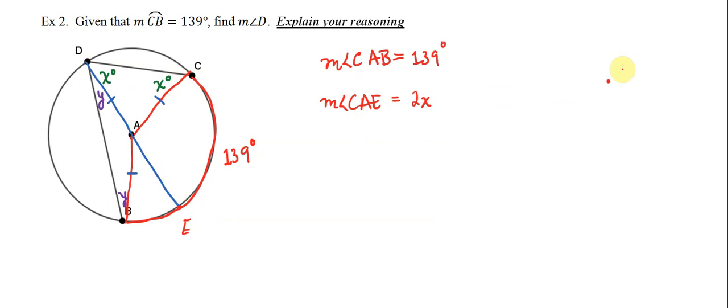So from C to D, here's A, and here's E. Okay. And here's this line here, and this is x, and this is x. So notice angle CAE is the exterior angle, so it must be equal to these two interior angles added up together. So that's equal to 2x. So that's this angle here, CAE.